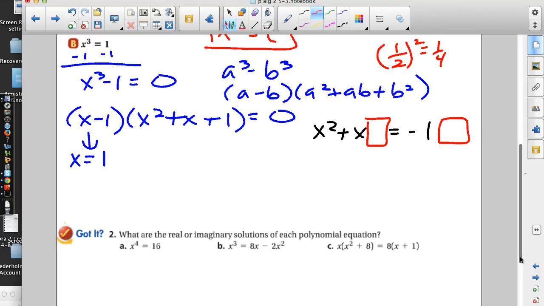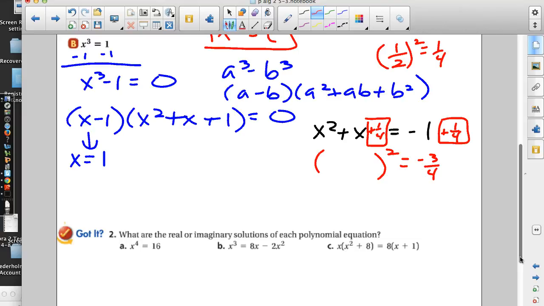That's not such a scary fraction. So over on the right-hand side now, we have negative 1 plus 1/4, which most people can look at right away and say, oh, that'll be negative 3/4. Not a big deal. Working with halves and fourths, most people are comfortable.